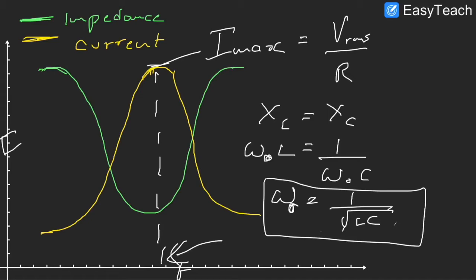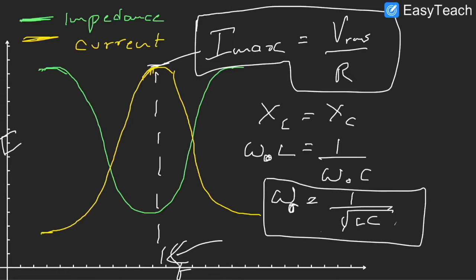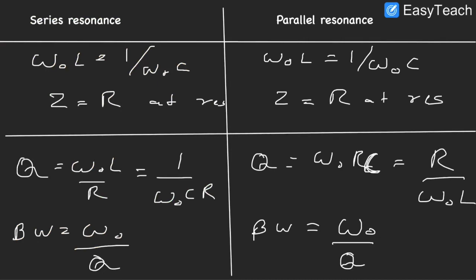The significance of resonance is that you have the maximum amount of current flowing in that circuit. So you can design your circuits to have components rated for this current. Let's look at some formulas before we go ahead and solve our problems.